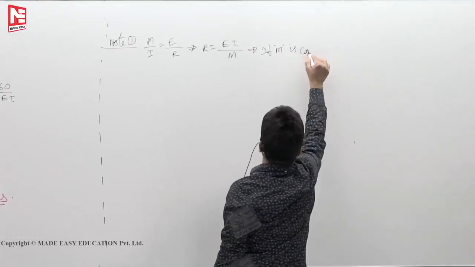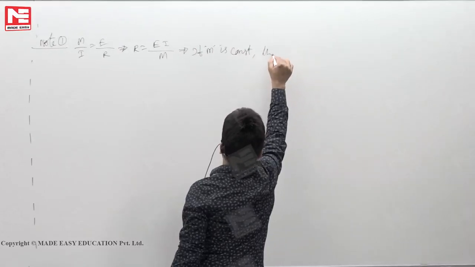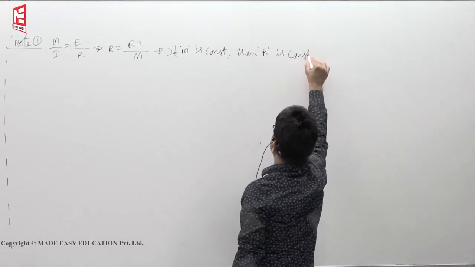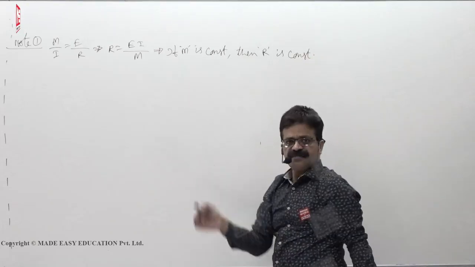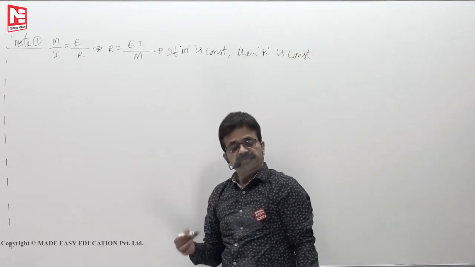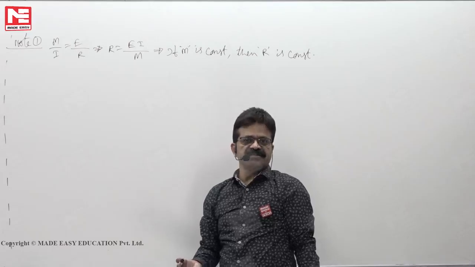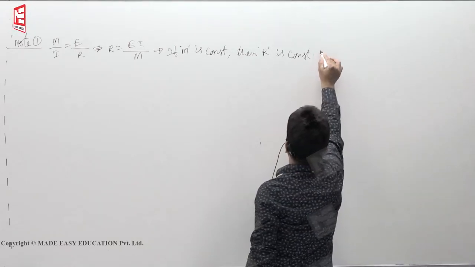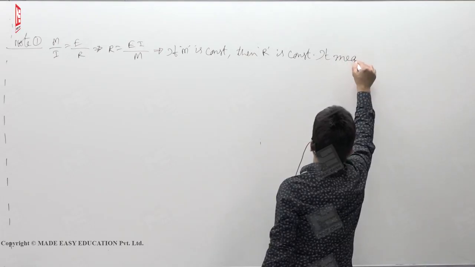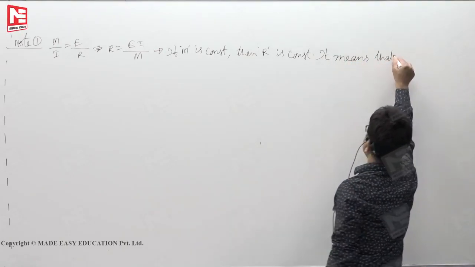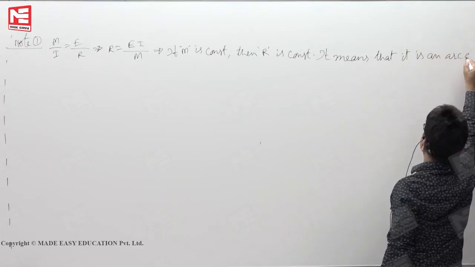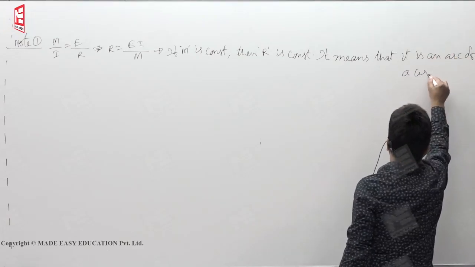R means radius of curvature is constant. For which curve is the radius of curvature constant? It must be an arc of a circle. It means that it is an arc of a circle.